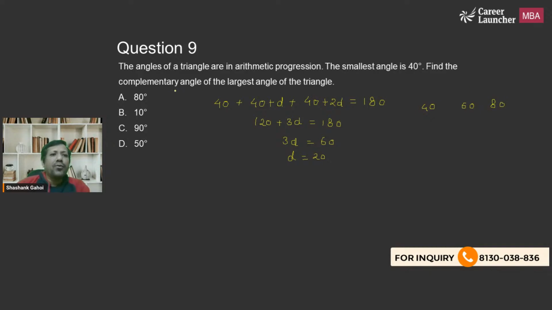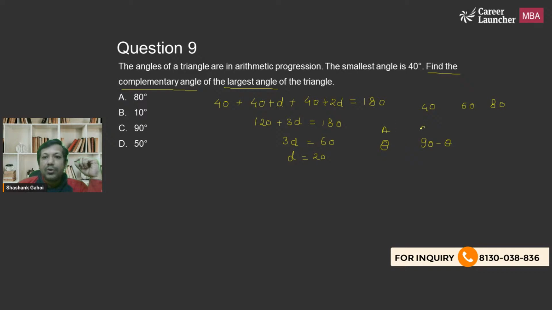Now let's see what the question is asking. Find the complementary angle of the largest one. So there are two types of angles: one is called supplementary, the second is complementary. The complementary of theta is going to be 90 minus theta.